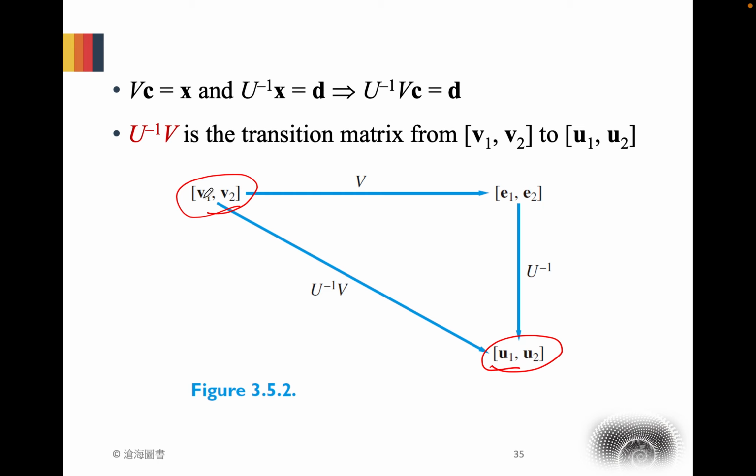The first part is we transform the coordinate vector with respect to V1, V2 to the coordinate vector with respect to standard basis E1 and E2, and we can apply the matrix V. Then we can transform E1, E2 to U1, U2, and we apply the matrix U inverse. If we do these two steps, that is equal to doing one step, and the corresponding transition matrix is U inverse V.